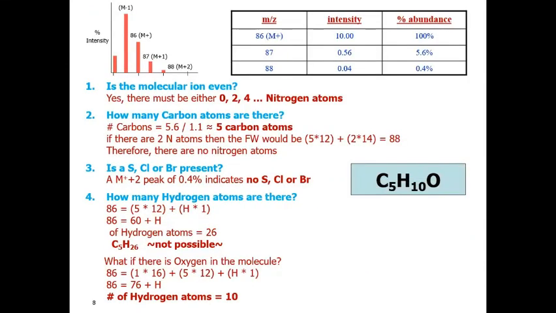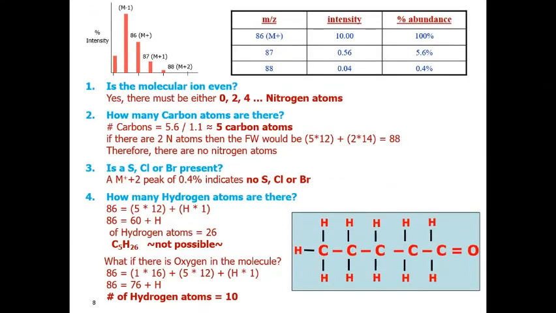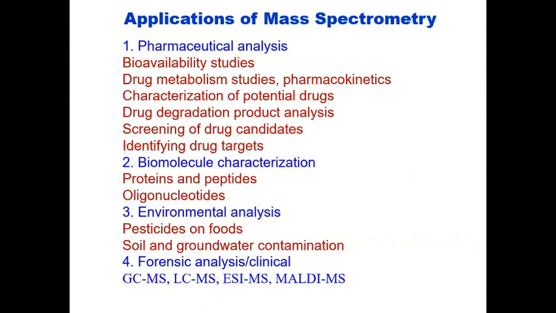This is another example, the application of mass spectrometry. We can use mass spectrometry for pharmaceutical analysis, like determination of viability studies, drug metabolism studies, pharmacokinetics, characterization of potential drug degradation products, screening of drug candidates, and identifying drug targets.